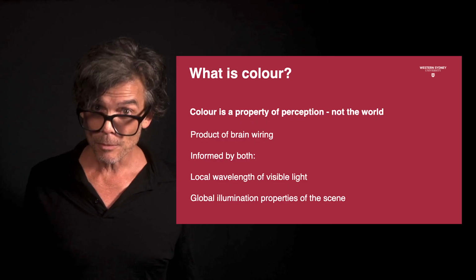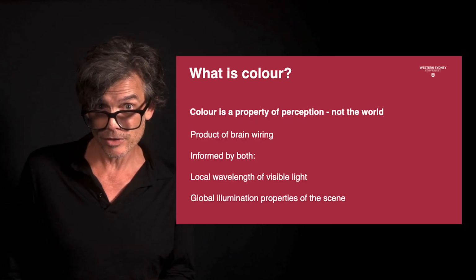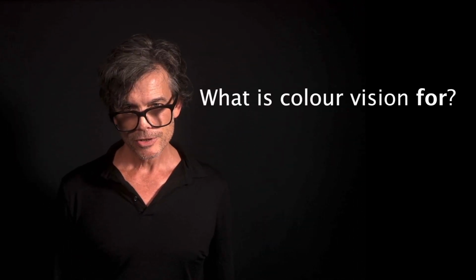Now, that isn't to say that our perception of colour is completely divorced from reality. In fact, it is informed by the local wavelength properties of light, in combination with the global illumination properties of one's immediate environment. Let's first ask ourselves, what is colour vision for?